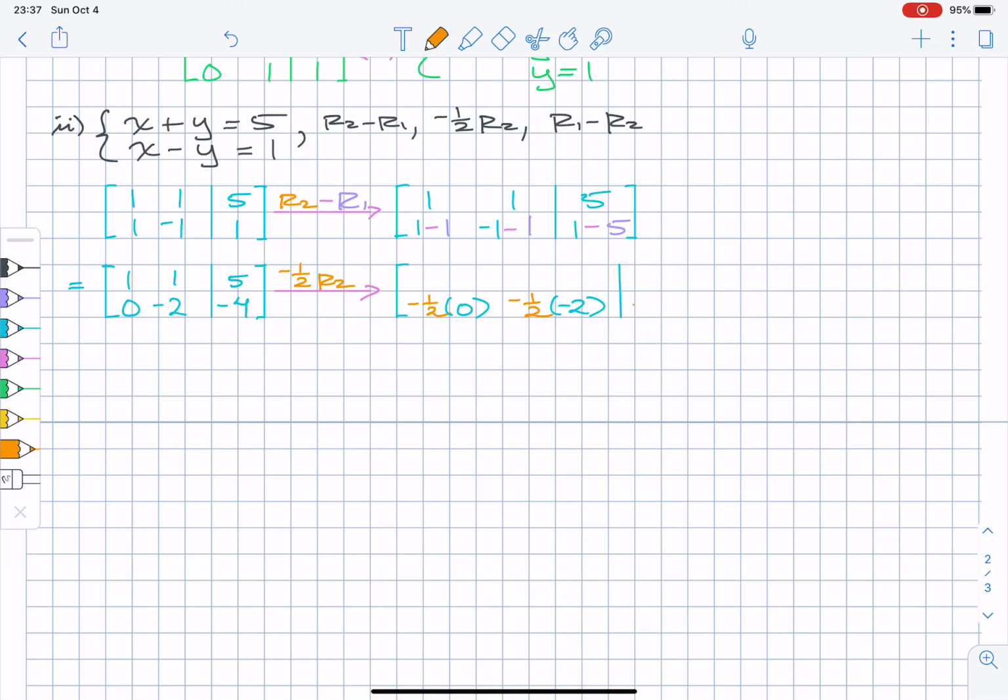I will have negative 1/2 times negative 1. And row 1 just stays the same, which is 1, 1, and 5. So what do we get then? We get 1 and 0. We get 1 and 1. Augment. We get 5 and 2.